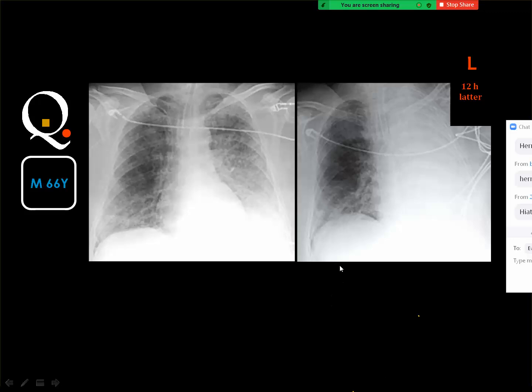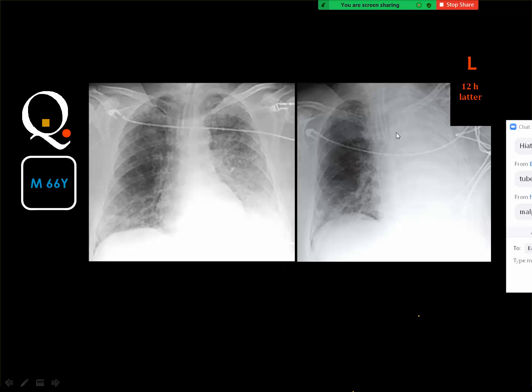Then this case, this male is 66 years old with a chest X-ray like this, and this chest X-ray was obtained 12 hours later based on deterioration, or let's say the progression of breathlessness.